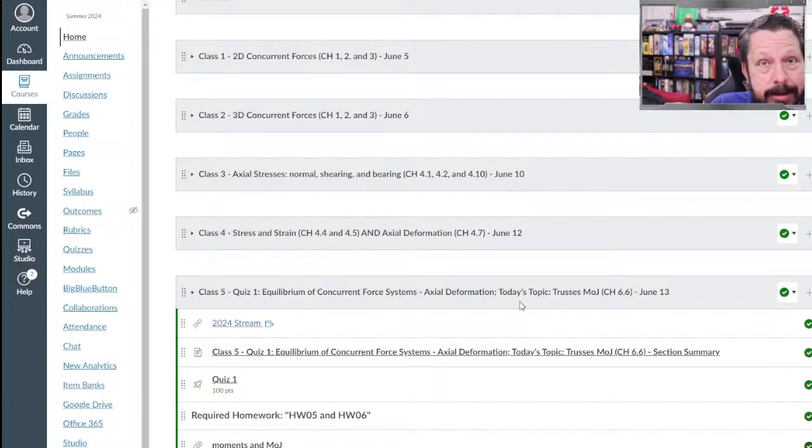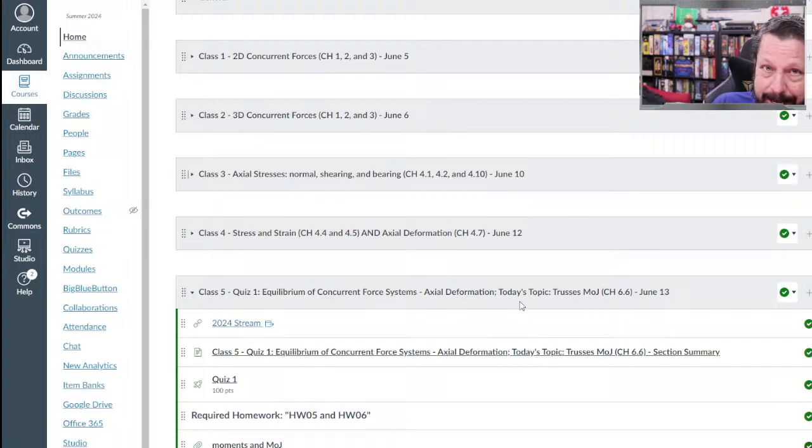Then they could create the stress-strain plot and get things like ultimate strength, yield strength, and percent elongation. They could get all these material properties from that stress-strain plot.